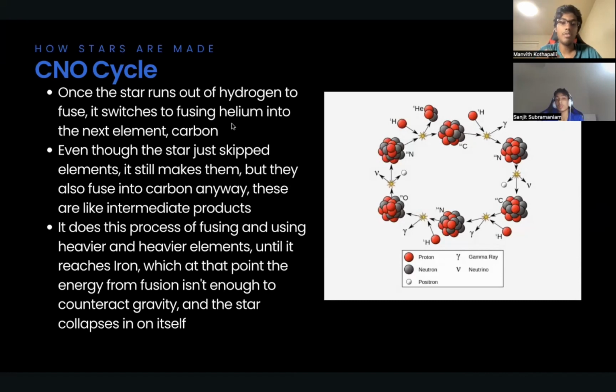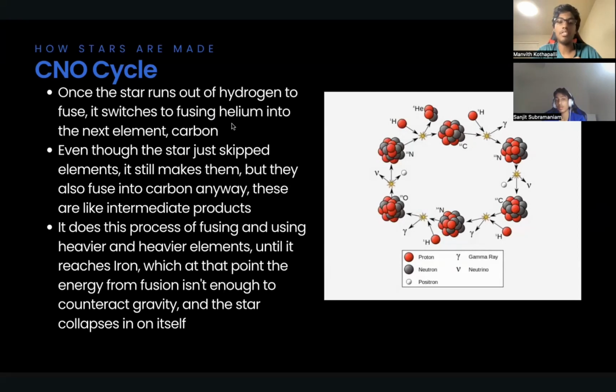The process of nuclear fusion for the heavy stars is extremely fast compared to the low mass stars. After all the hydrogen fuses into helium, it'll turn into carbon, then nitrogen, and so on: oxygen, neon, magnesium, silicon, sulfur, argon, calcium, titanium, chromium, and iron, finally.